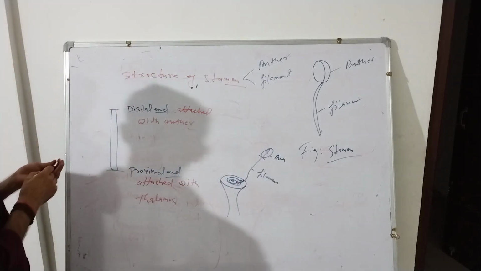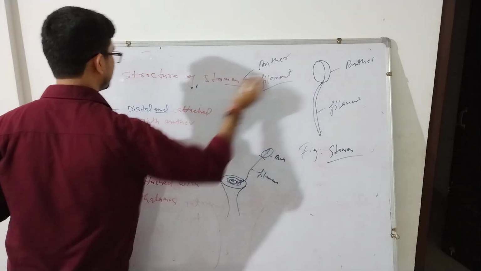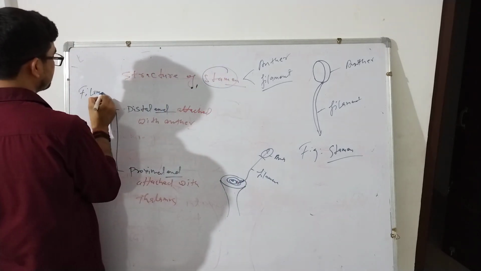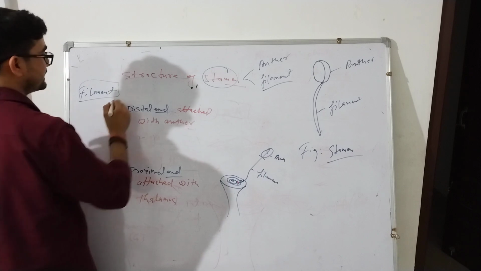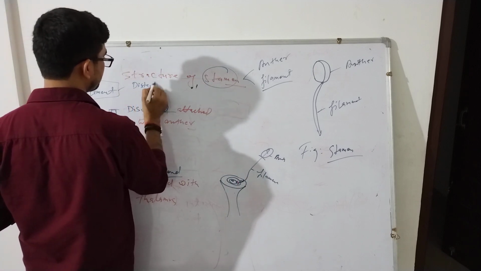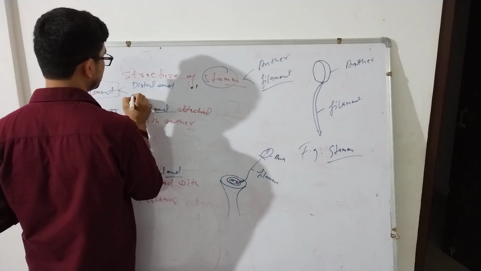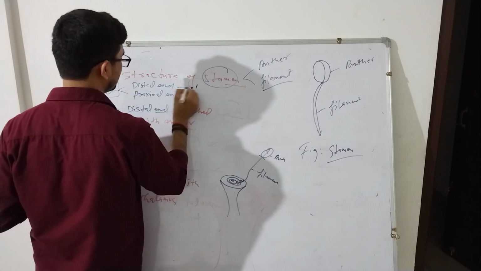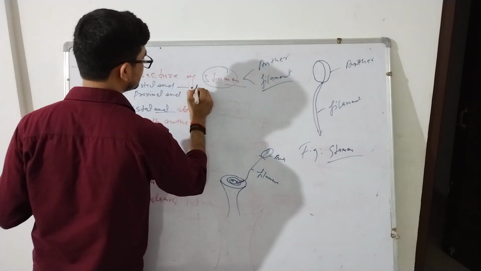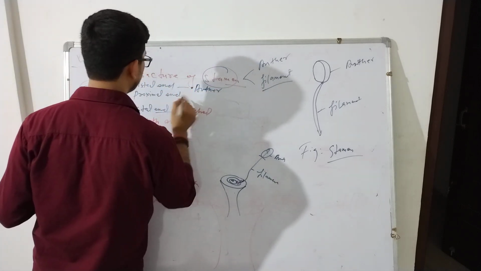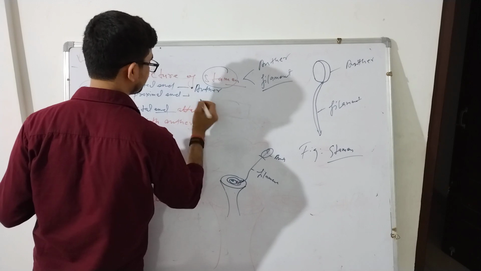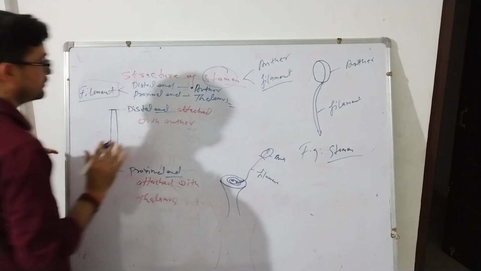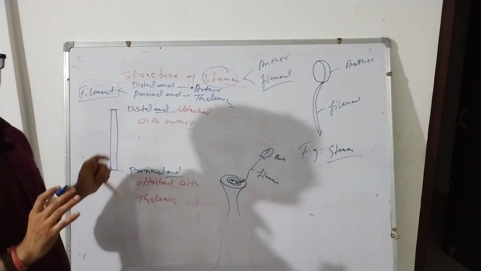So this is the part of the stamen, the filament. The filament has two ends, distal and proximal; the distal end attached with anther and the proximal end attached with thalamus.